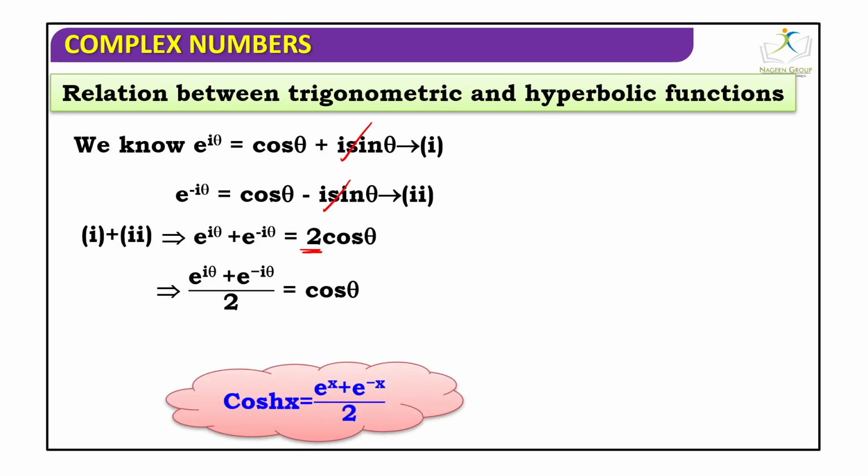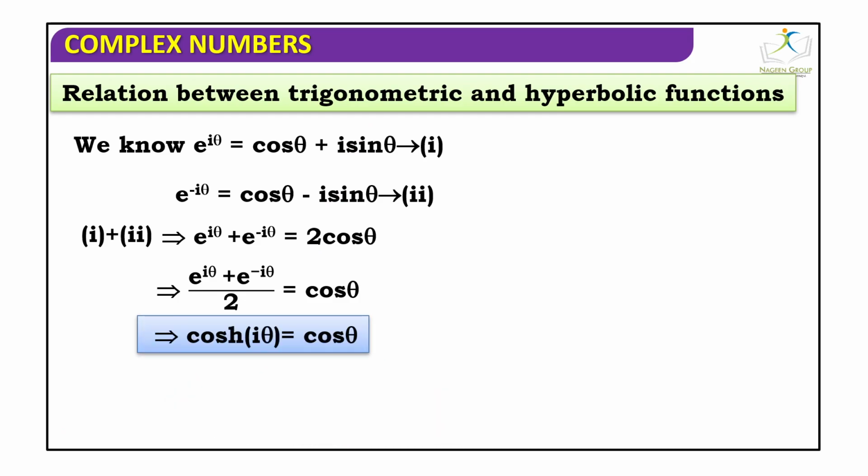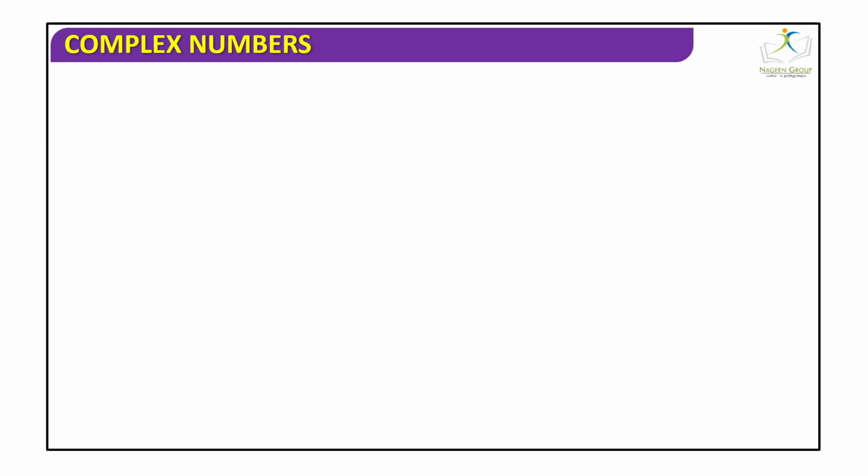So e to the x plus e to the minus x by 2, we say the value equals cos of x, right? According to the hyperbolic function, we have this as cos hyperbolic x. So we get cos hyperbolic iota theta equals cos theta.